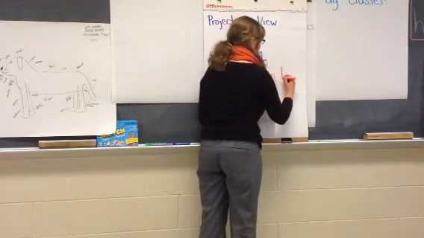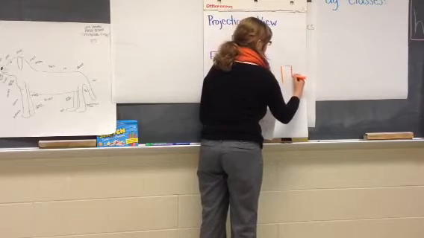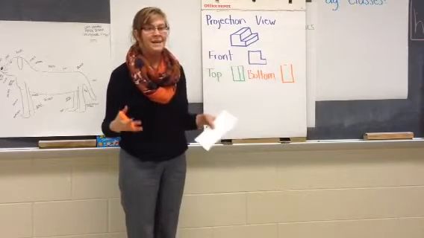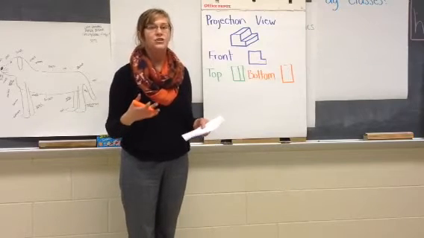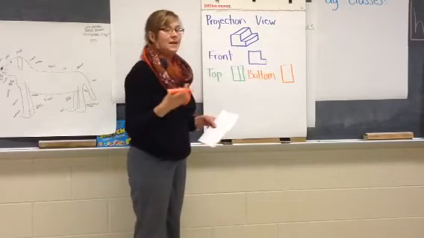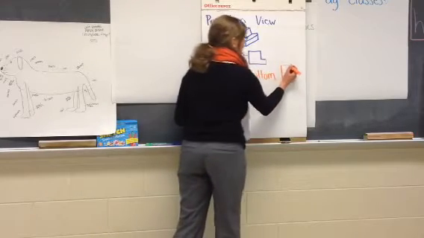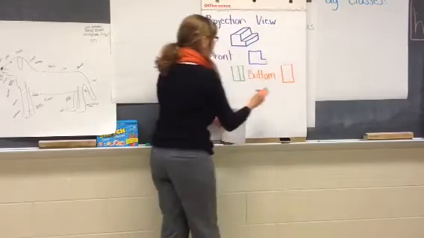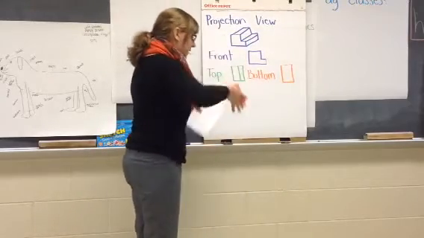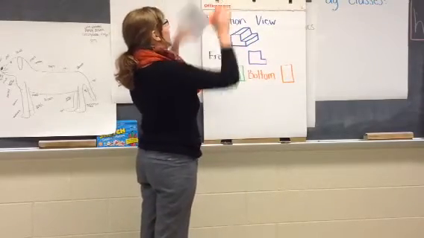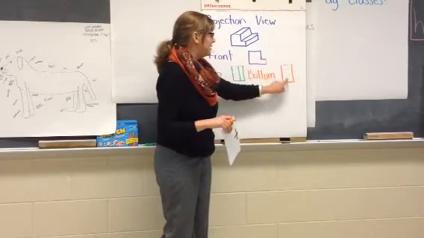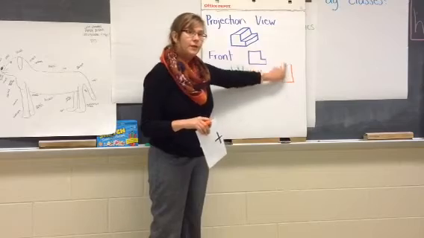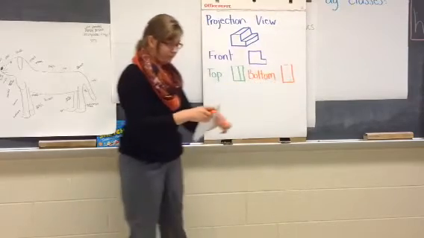How you would draw that is you have your rectangle, but then you draw a hidden line. A hidden line is viewed as a dash or a dashed line. So we looked at this from the top. Now we're going to pick it up and look at it from the bottom. We know that it's just a rectangle, but that there's also that hidden line that we can't see. We recognize that as a dashed line.